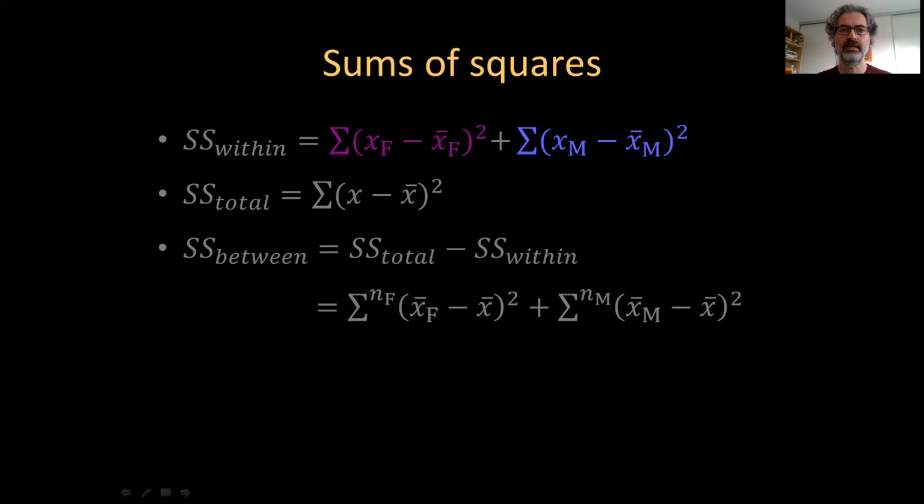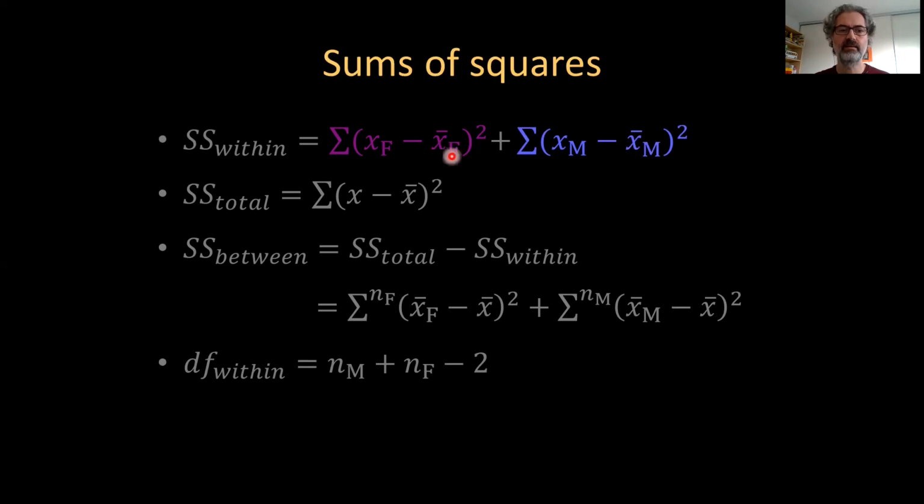Before we actually calculate that, we need to know the degrees of freedom that are associated with each sum of squares. The degrees of freedom for the within sum of squares are equal to the number of data points for one group plus number of data points for the other group minus 2. Why minus 2? Because this sum of squares has two means. We calculated a mean for each group.